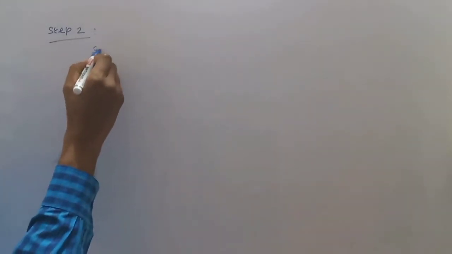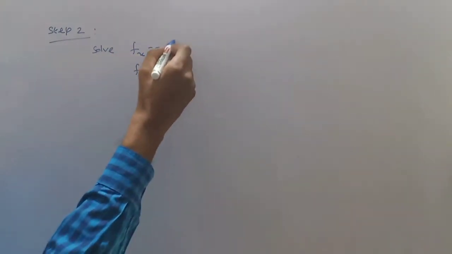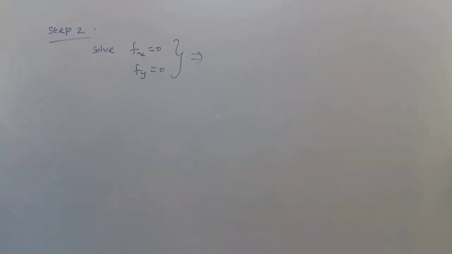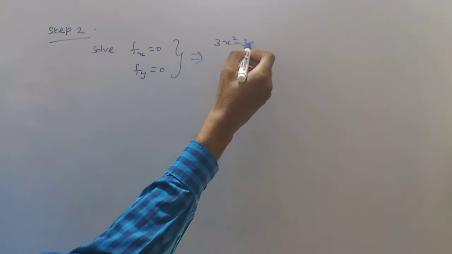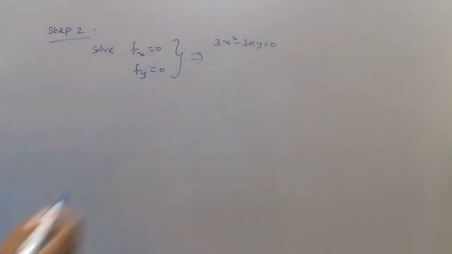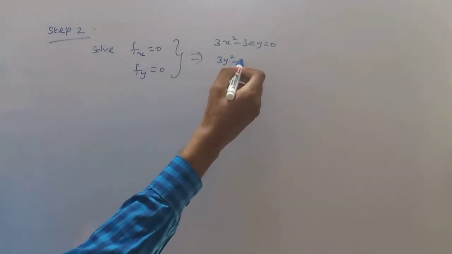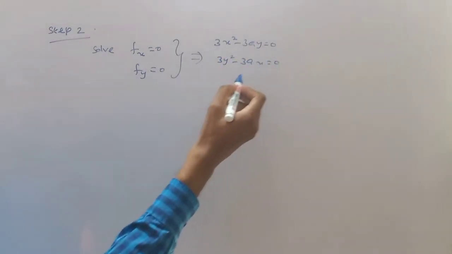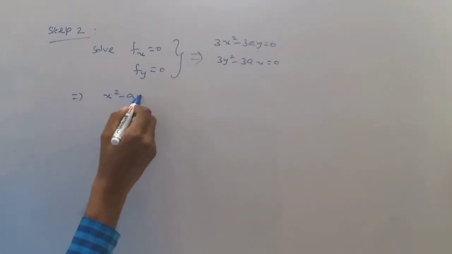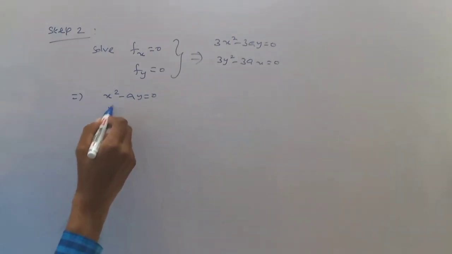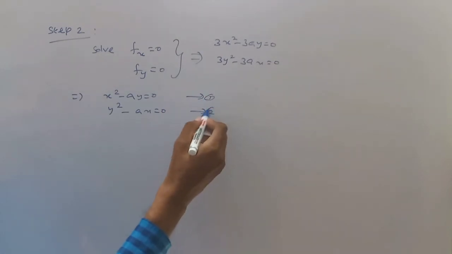Solve fx equal to 0 and fy equal to 0. fx is 3x square minus 3ay equal to 0, and fy is 3y square minus 3ax equal to 0. So if you simplify, x square minus ay equal to 0 and y square minus ax equal to 0. Equation 1 and equation 2.